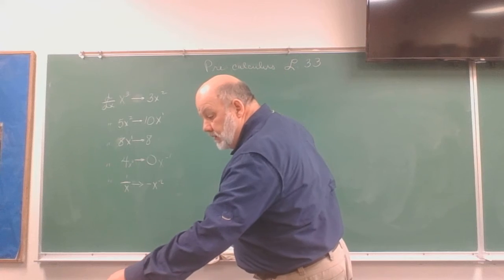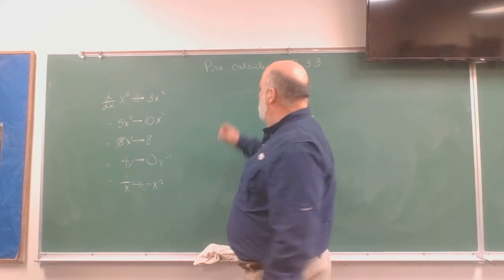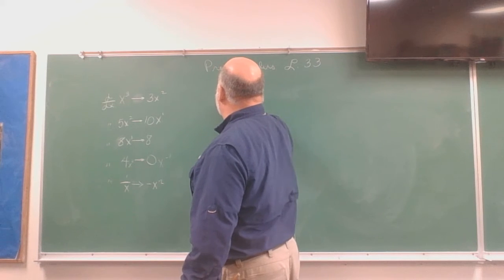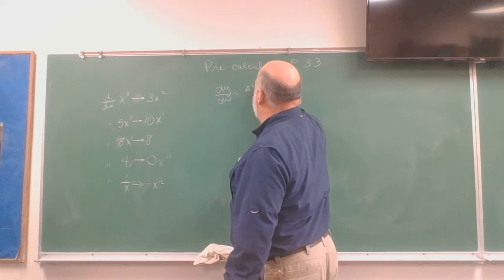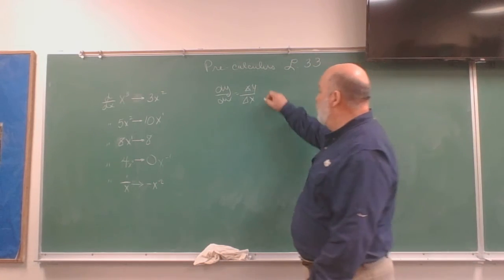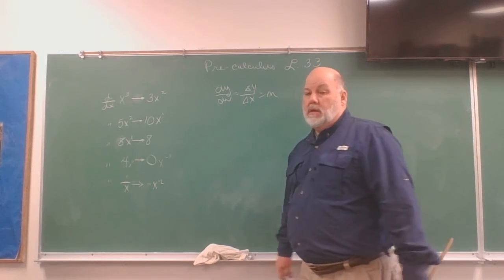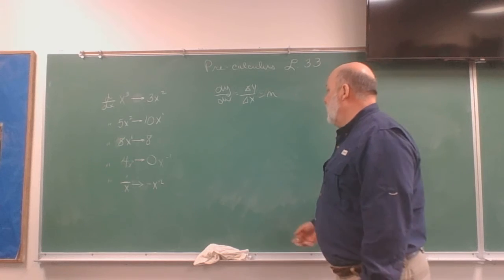They have d over dx times y, dy over dx. We're familiar with that one, dy over dx. That's the same as change in y over change in x, which we know is slope, which is what I said from the very beginning. A derivative is just a fancy name for a slope, okay?